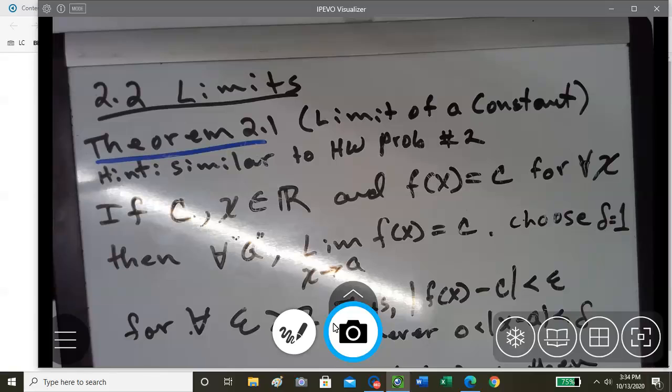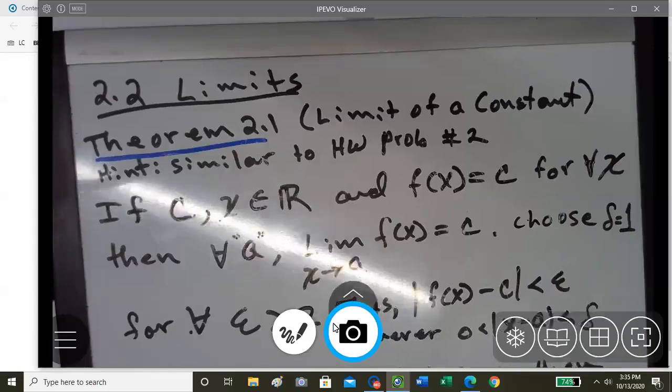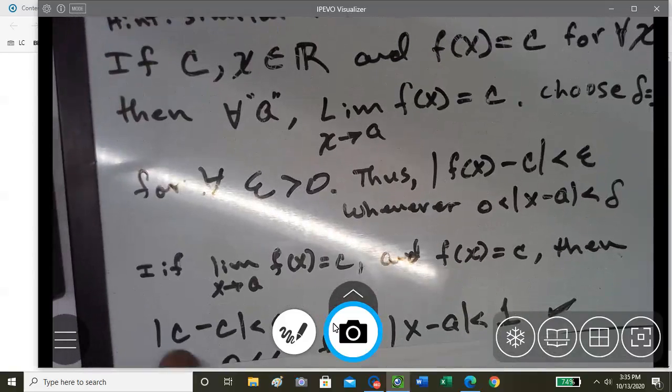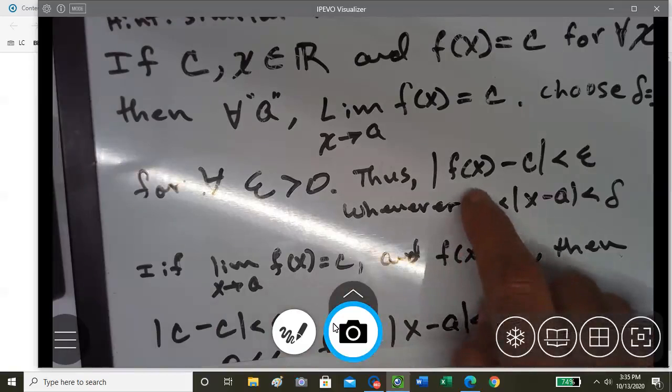If the limit of f of x as x approaches a is equal to some number c, and our function also gives the answer c, so the limit and the answer to our function are the same number, then we can substitute c for this f of x here.